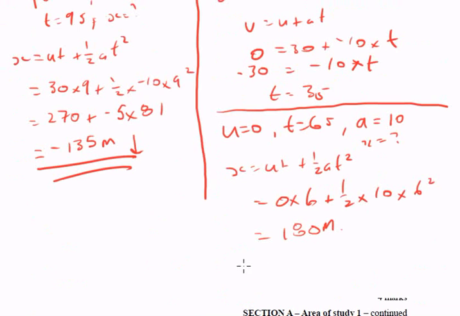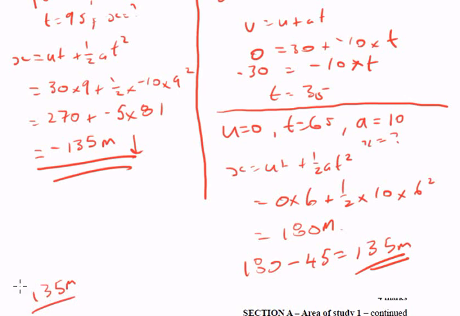So 180 minus 45 equals 135 meters. So the answer, there should be a box there, is 135 meters. You can choose which way you want to do it. I'm sure there are other ways as well, but those are just two ways of looking at the same problem.